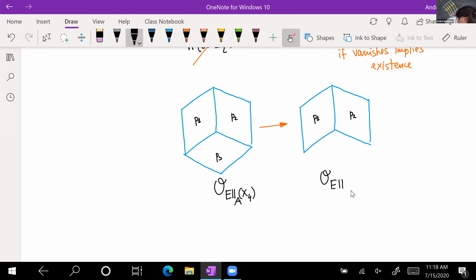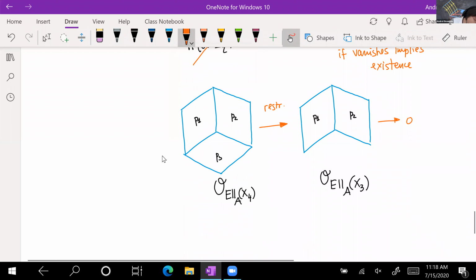Since this is a closed subscheme here, every function here is a restriction of something there. So this goes to 0, this restriction.